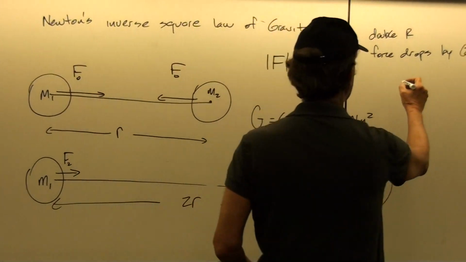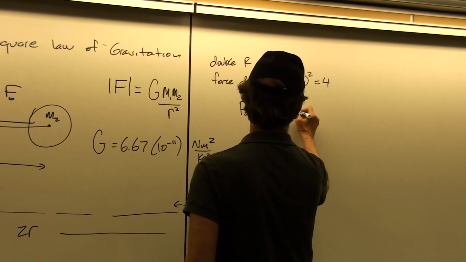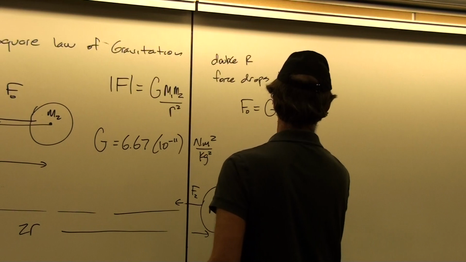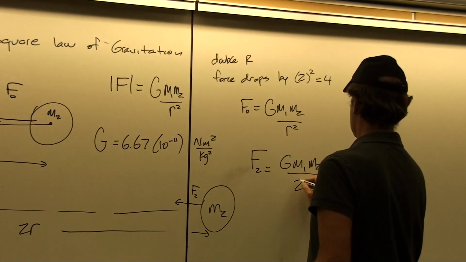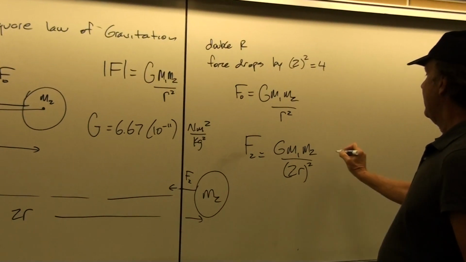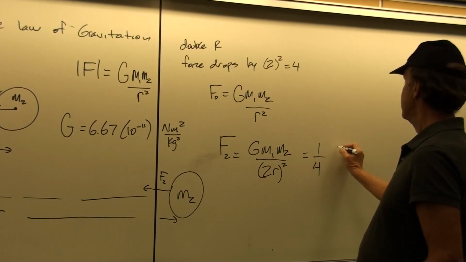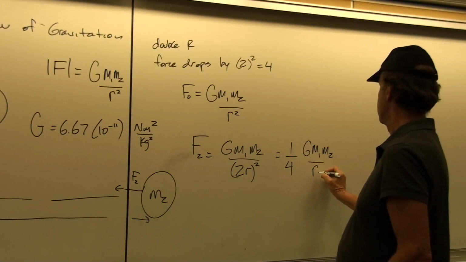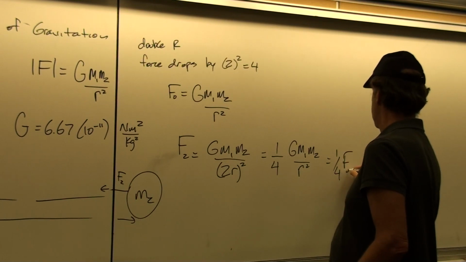If F naught is equal to G m1 m2 over r squared, then F2 would be equal to G m1 m2 divided by (2r) squared, because we've doubled the distance. 2 squared is 4, so that's 1/4 times G m1 m2 over r squared, or 1/4 of F naught.